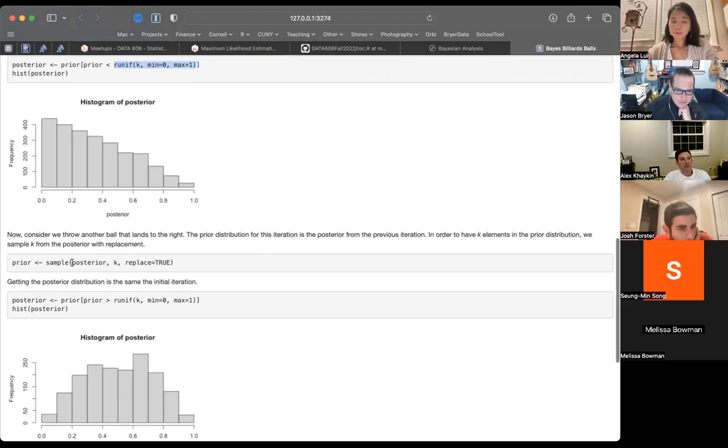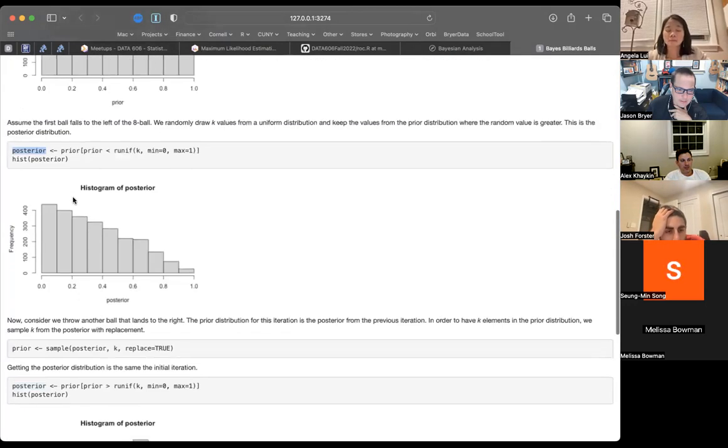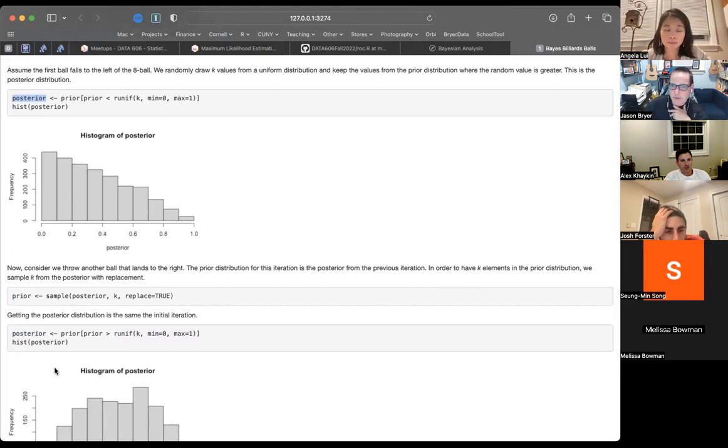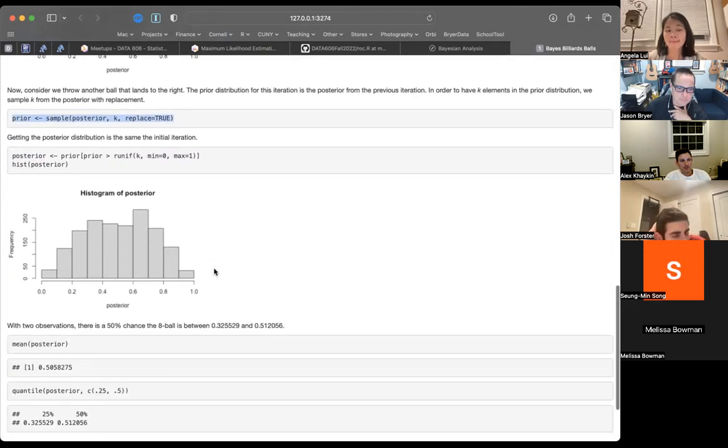Then I'm sampling from my posterior 5,000 times with replacement to get a new prior. This posterior is going to be less than 5,000, but I want to start each iteration with 5,000. That makes sense. Okay. Right.